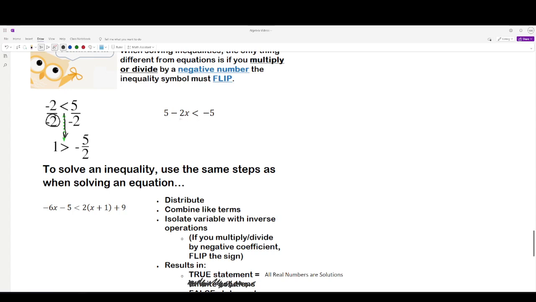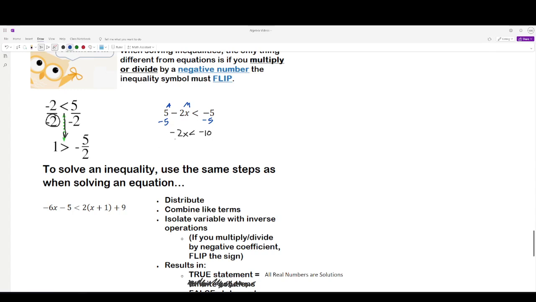So what we would do in this problem is we have the x's on the left. We've added 5 over here, and we've multiplied by 2. So step 1 is subtract 5 from both sides. That gives us -2x is less than -10.